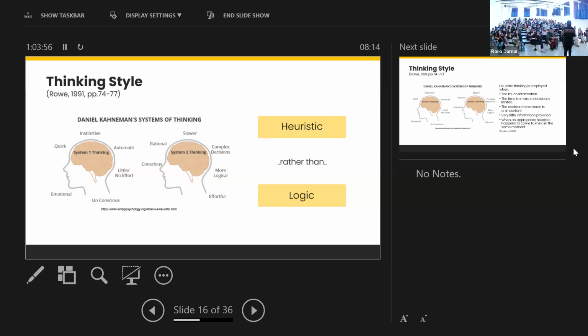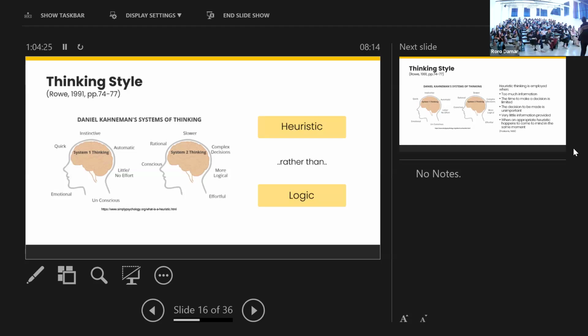It's more emotional. That is what we call heuristic. Yeah, that part is heuristic. And designer usually have a very strong heuristic thinking. Although it doesn't mean that the designer don't have rational or logical thinking, but designer have a very strong heuristic thinking, the capability to do heuristic thinking.